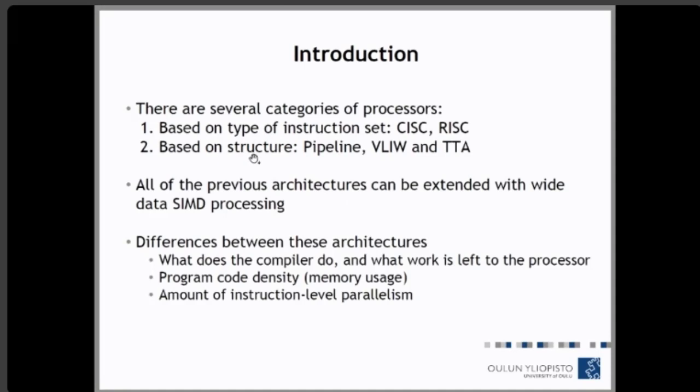The other categorization is based on the structure. So we can have pipeline structure, we can have VLIW, we can have VLIW that's pipelined, and in this course we will use a processor structure called TTA, transport triggered architecture. On top of these, we can have SIMD instruction support for these kinds of processors.